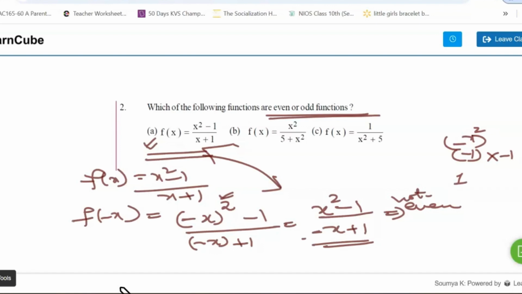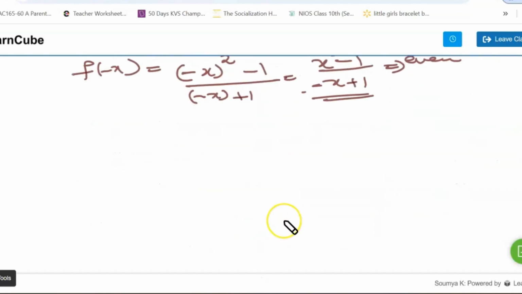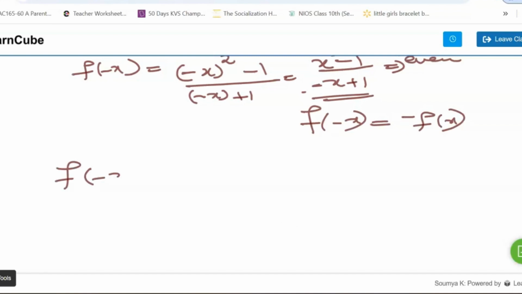So for an odd function, you have the property of f of minus x equal to minus of f of x. Okay, so let's see, f of minus x is equal to x square minus 1 by minus x plus 1. This is the solution.